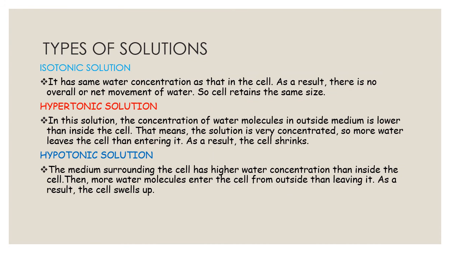These are the three types of solutions based on osmosis: isotonic, hypertonic, and hypotonic. Iso means same, the same concentration inside and outside. Hyper: here the concentration of water molecules in the outside medium is lower than inside the cell.